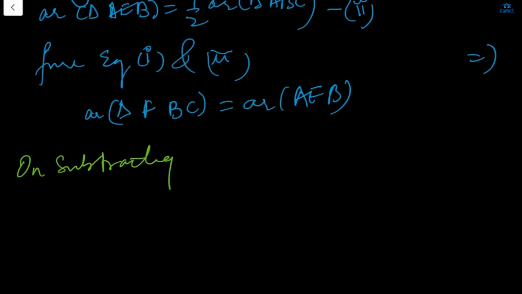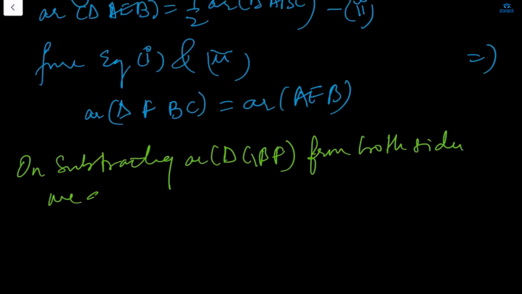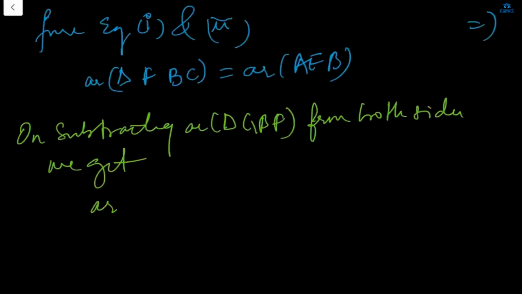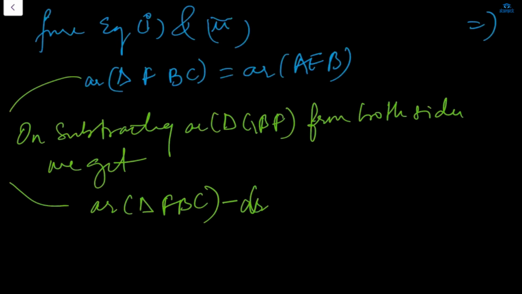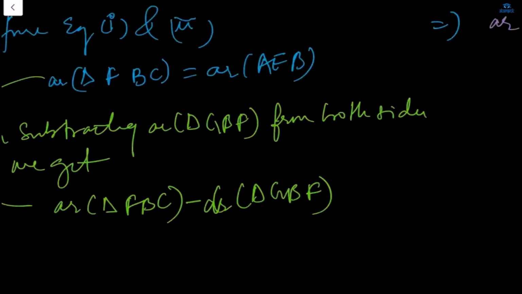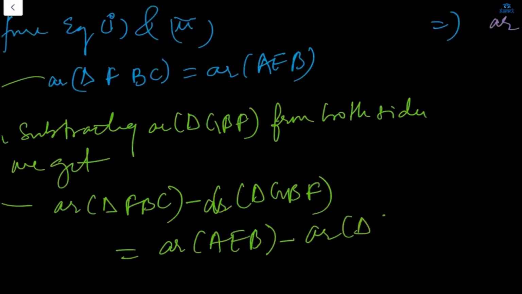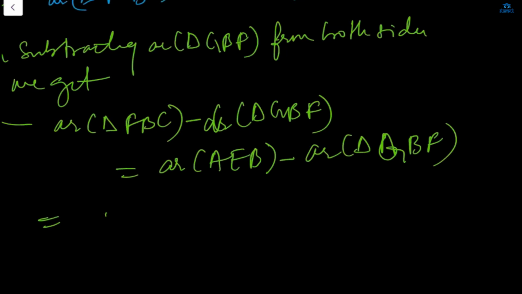So from both sides we subtract the area of triangle GBF: area of triangle FBC minus area of triangle GBF is equal to area of triangle AEB minus area of triangle GBF. So we will get area of triangle GBC equal to area of quadrilateral AFGE.